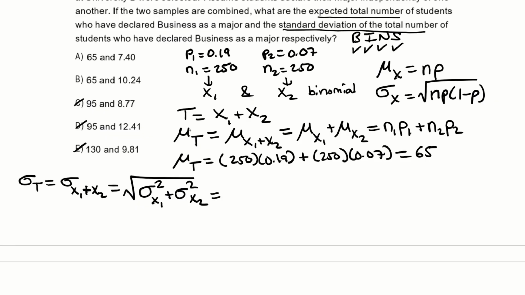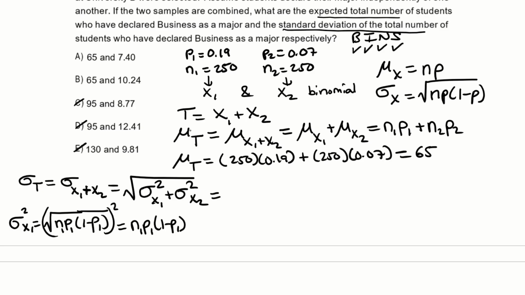Sigma X1 is the square root of n1 p1 times 1 minus p1, but that's squared, and because it's squared, it cancels out. So it leaves you with n1 p1 times 1 minus p1.